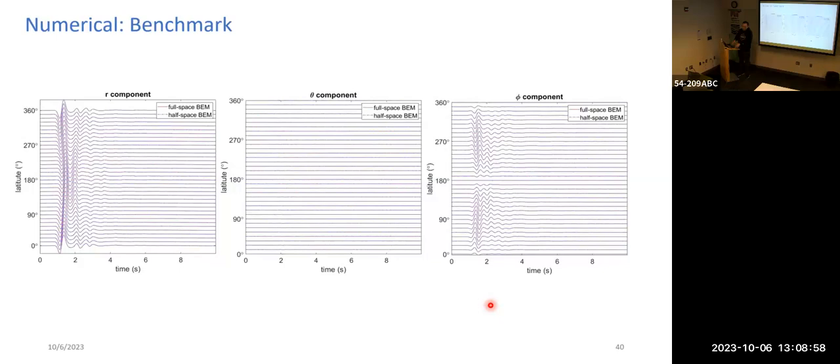That is the benchmark of my full space boundary element code. After that, I used my full space code to benchmark my half space boundary element code. So you have some sort of validation.